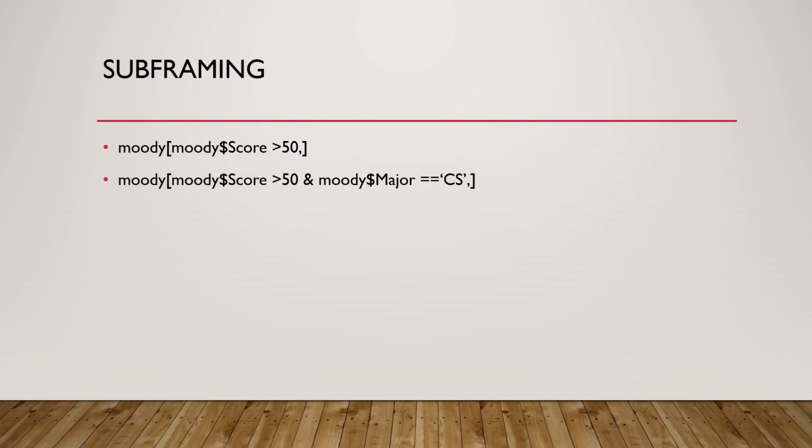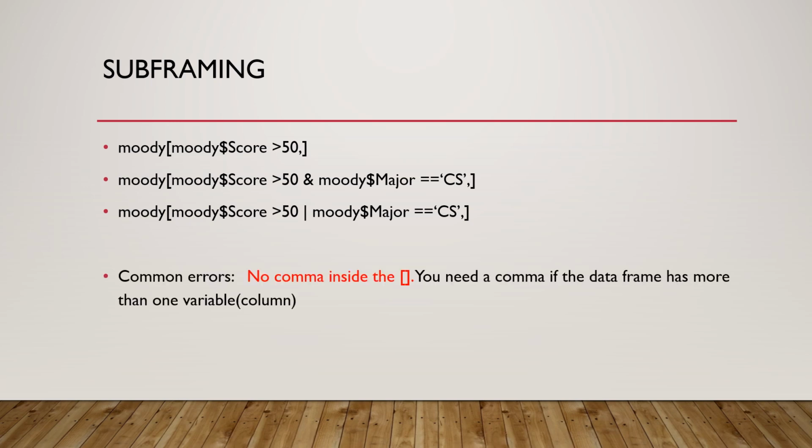There are some important points here. Of course, we can build in an arbitrary Boolean condition, in this particular case, a conjunction and disjunction. Disjunction is denoted in this way, and conjunction above here. Common errors.